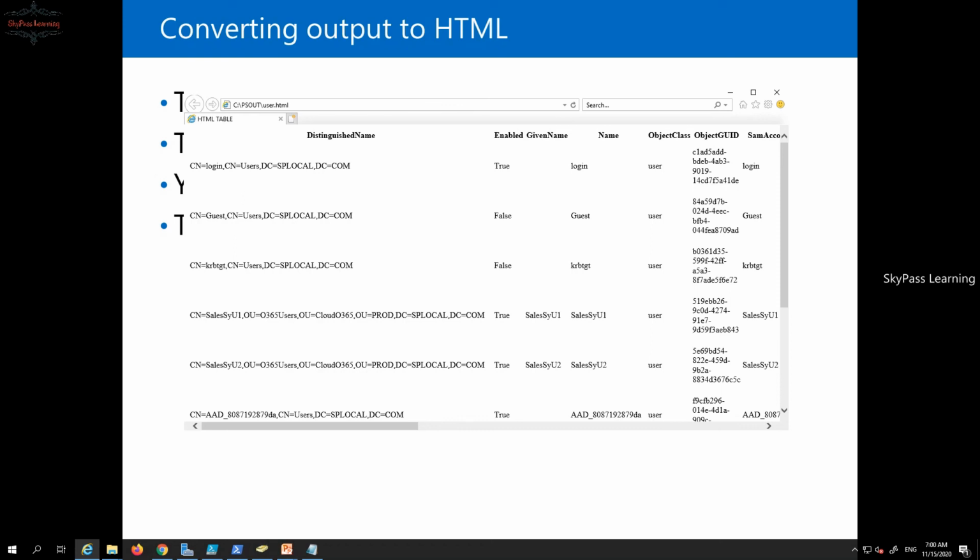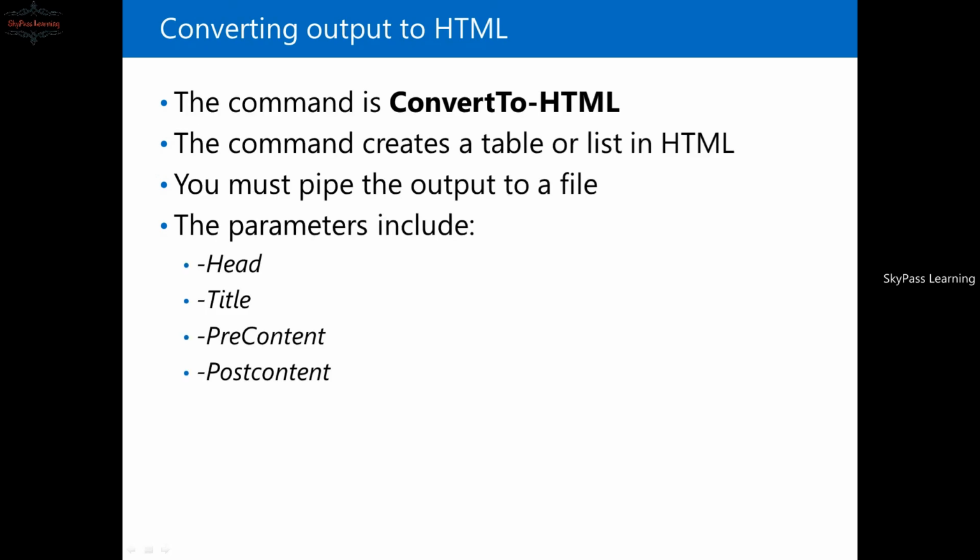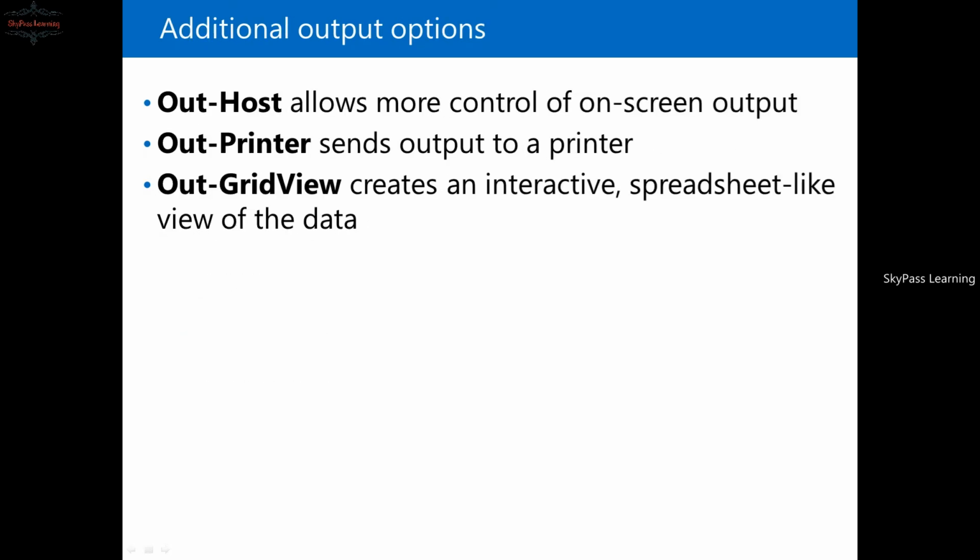A couple of other cmdlets are available: Out-Host, Out-Printer, Out-GridView. GridView I will take further, to see the grid view structure. Printer basically sends an output to the printer, and host, if you are allowing multiple hosts or multiple associated screen outputs, you can send it over there.